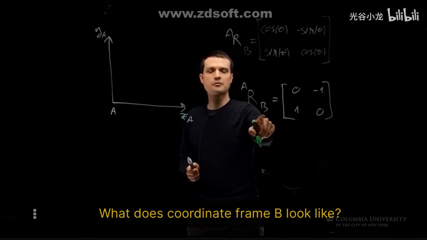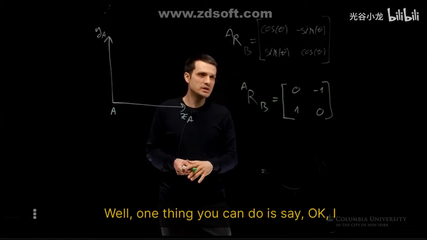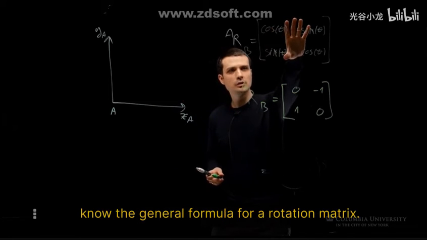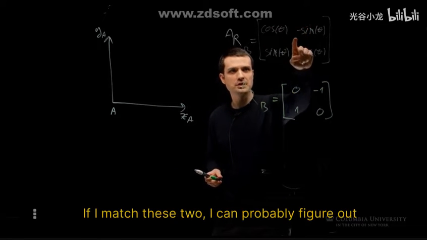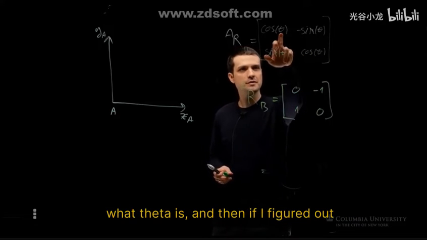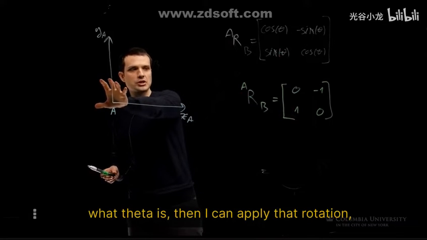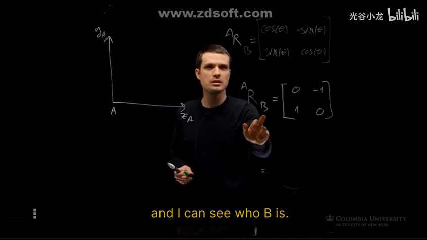What does coordinate frame B look like? Well, one thing you can do is, I know the general formula for a rotation matrix. If I match these two, I can probably figure out what theta is, and then if I figured out what theta is, then I can apply that rotation, and I can see who B is.